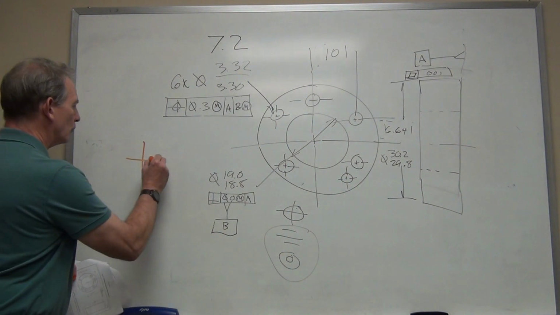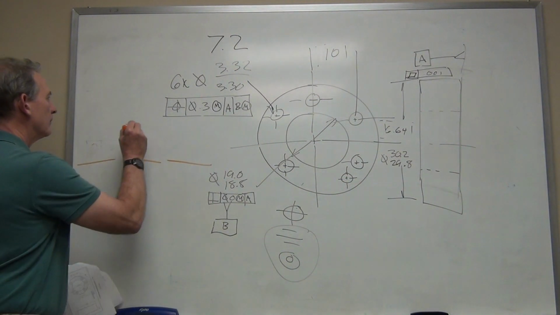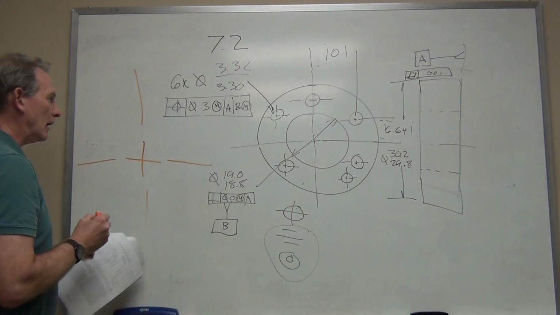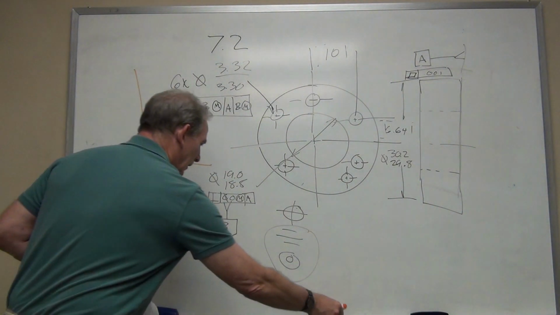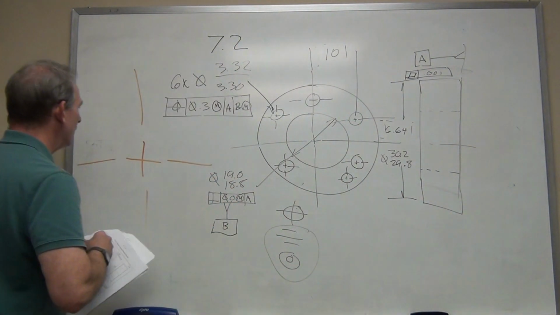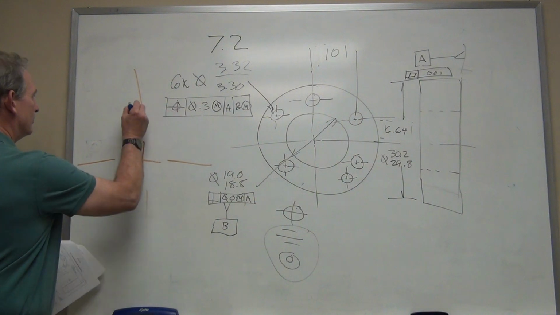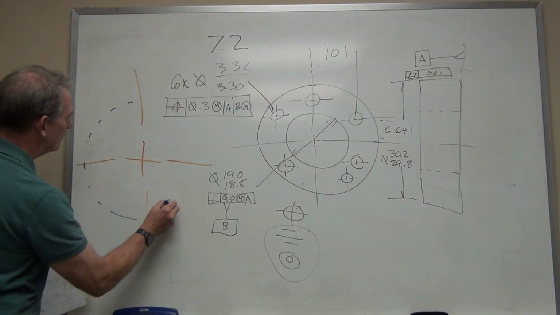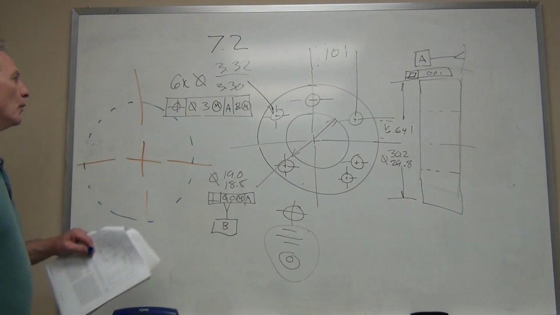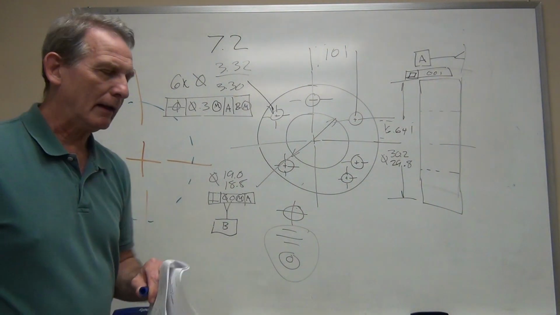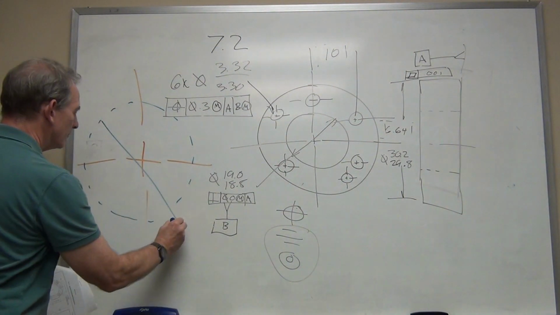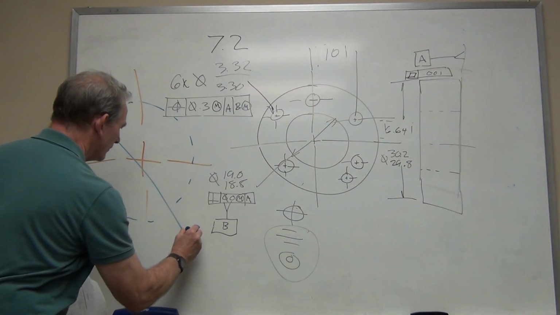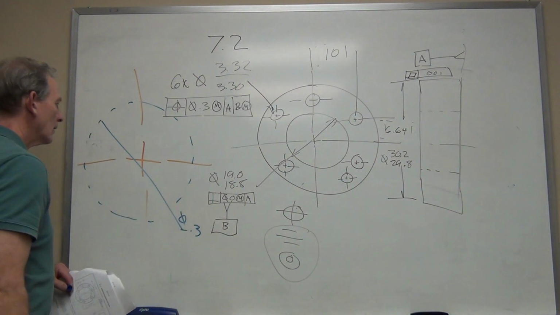real close up again, the tolerance zone, and I'll draw it as 0.3 diameter. Circle.